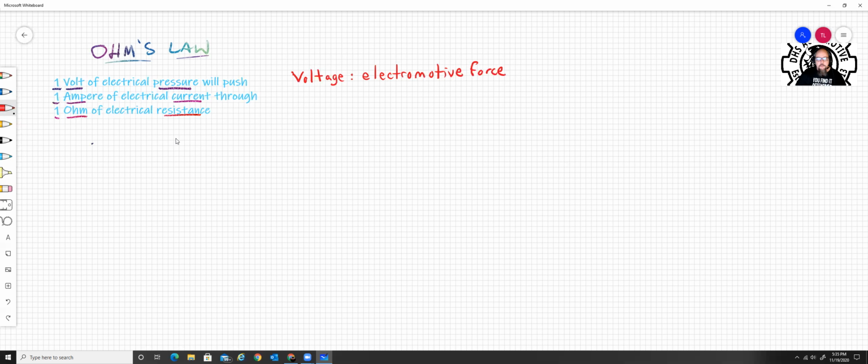There's more to this. Let's say on one side of the battery, I've got a lot of extra electrons hanging around on a piece of metal. On the other side of the battery, I've got another piece of metal without a lot of extra electrons.